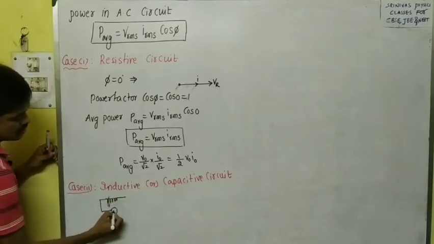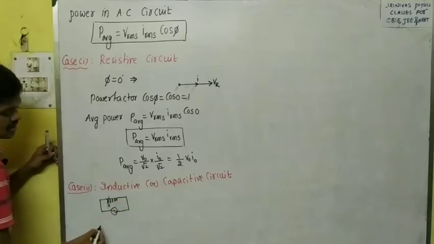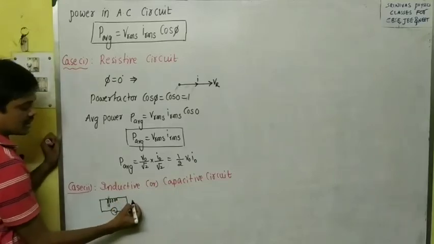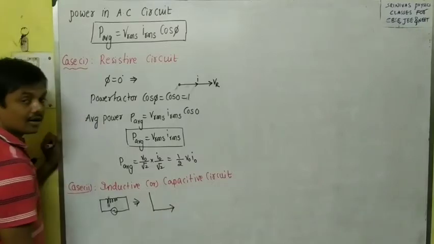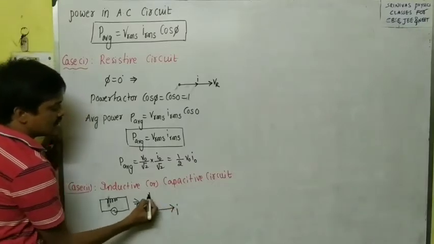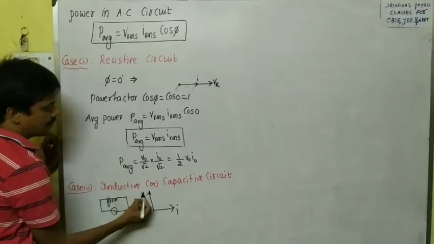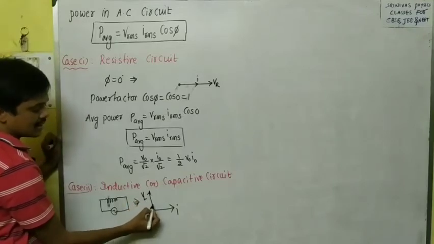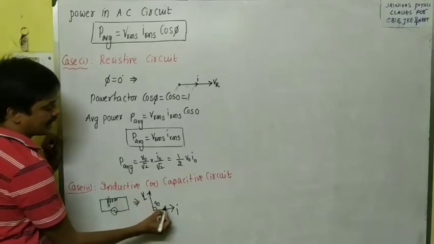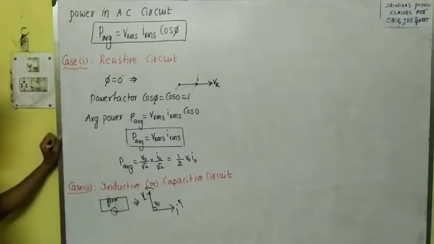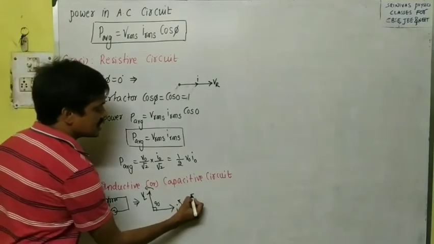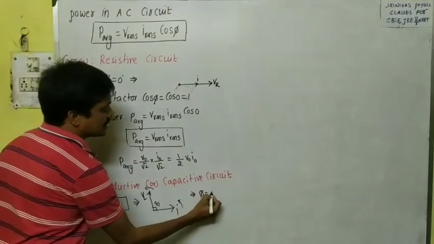This is the AC source. In this case, if you draw the graph of the applied voltage and current, the voltage across the inductance leads, and the current lags the voltage by 90 degrees. So the phase difference is 90 degrees.